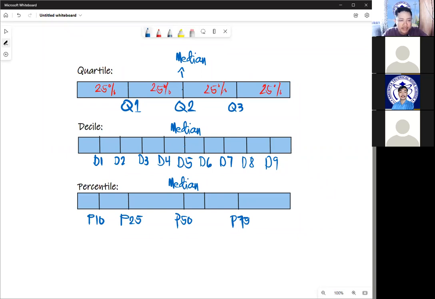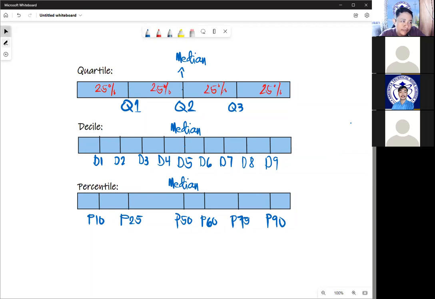Very good. P60 or the 60th percentile. What about the ninth decile? It is equivalent to what percentile? Very good. So that is the 90th percentile.